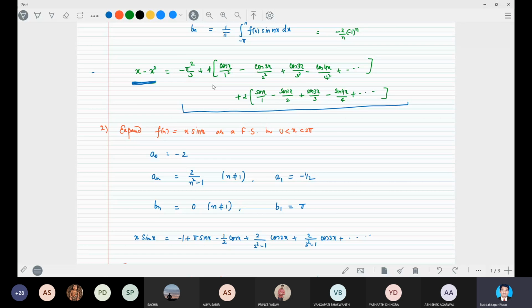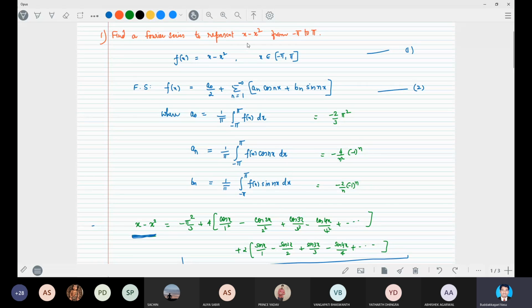We are looking at example 1. The problem is to represent f(x) as x minus x² in a Fourier series. The Fourier series expansion is shown on the RHS of equation 2, which contains an infinite number of terms.